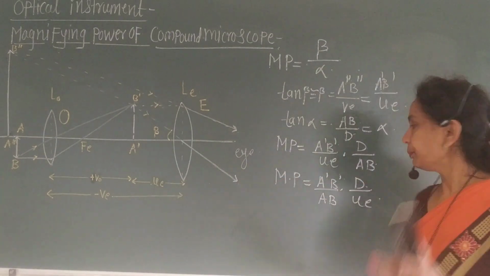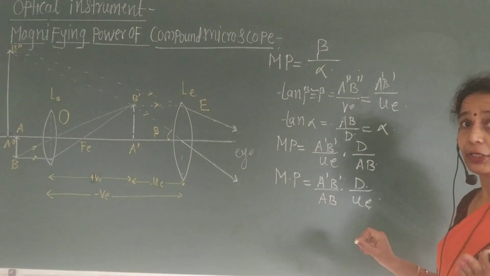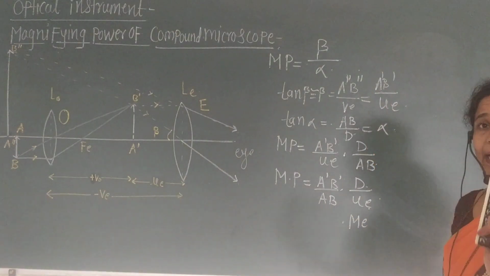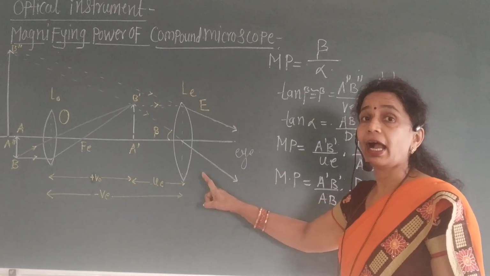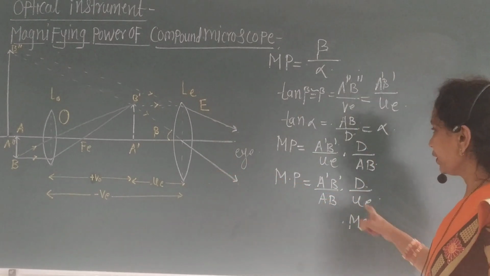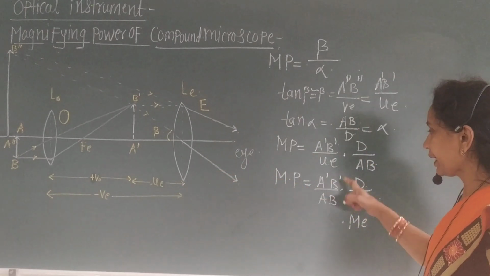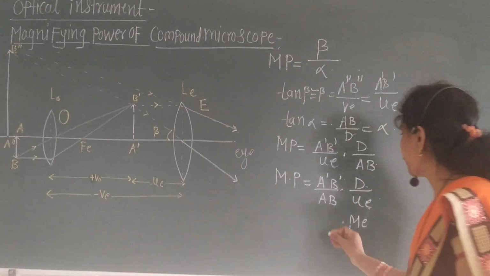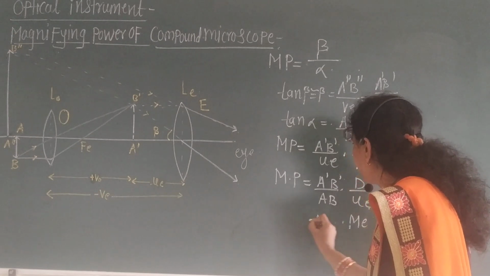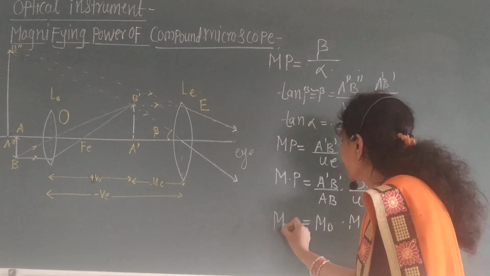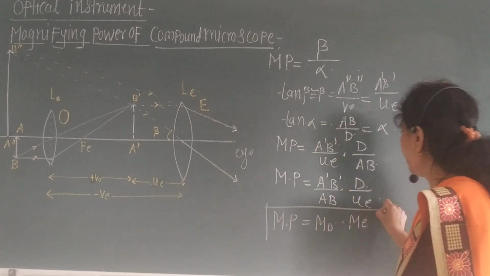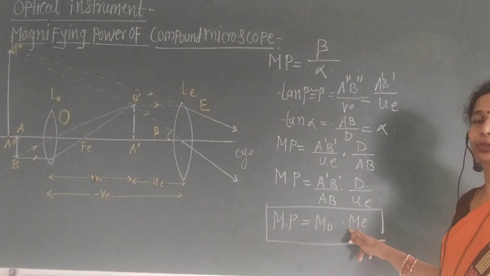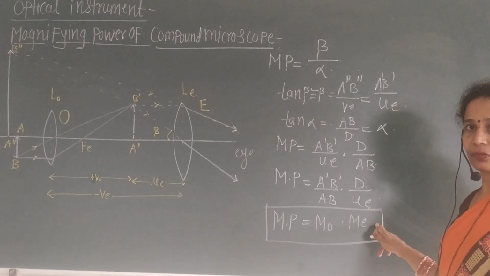As in the previous case, D upon UE is ME, the magnifying power of the eyepiece. A dash B dash upon AB is the linear magnification and it is denoted by MO. Therefore, we get MP is equal to MO into ME.